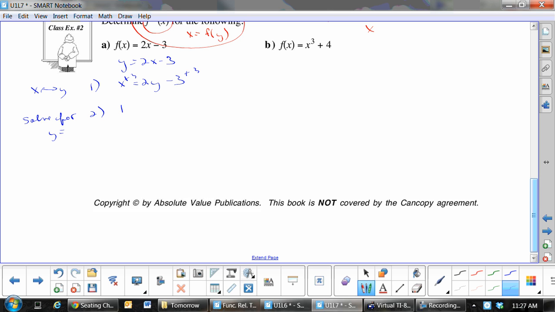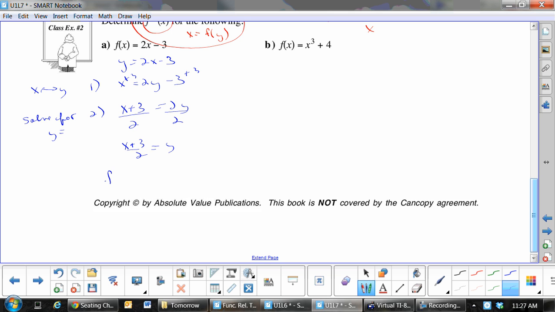So x plus 3 equals 2y. And then I will divide by 2 on both sides, and I will get x plus 3 over 2 equals y.